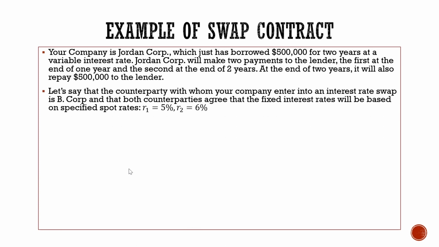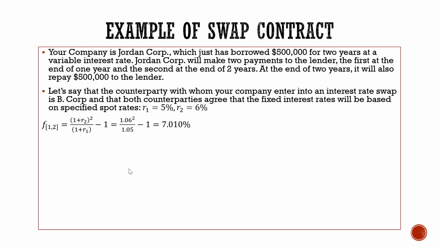So let's say that the counterparty with whom your company entered into an interest rate swap is B Corporation, and that both counterparties agreed that the fixed interest rates will be based on specified spot rates. R1 is 5% and R2 is 6%.